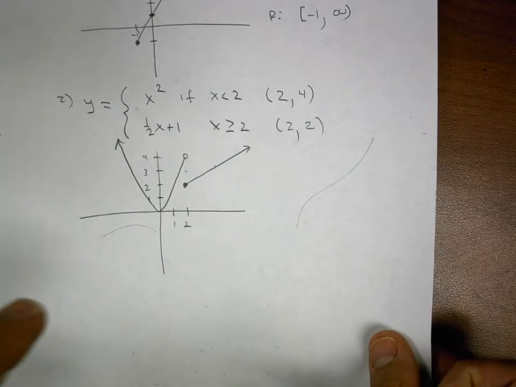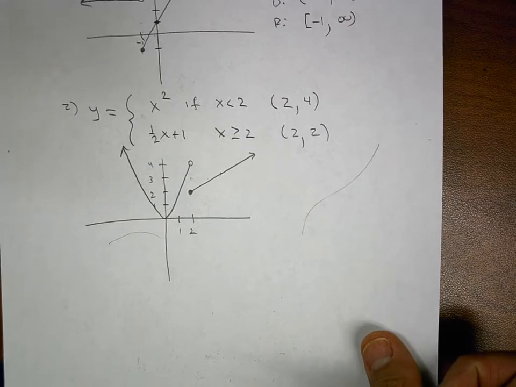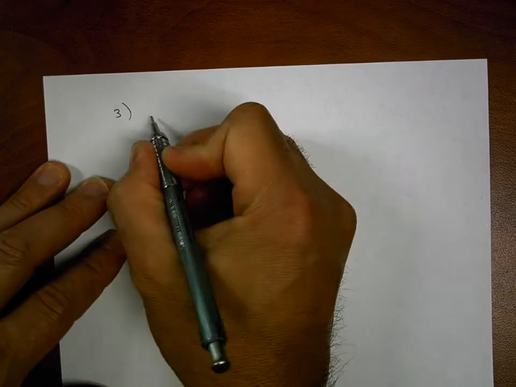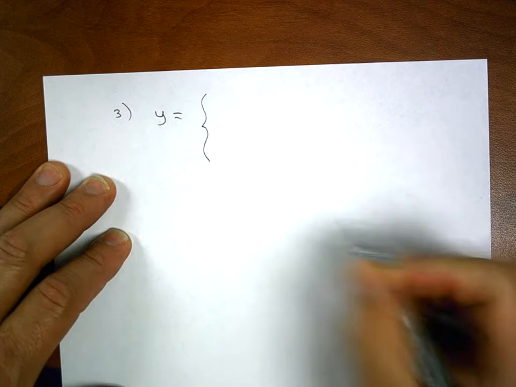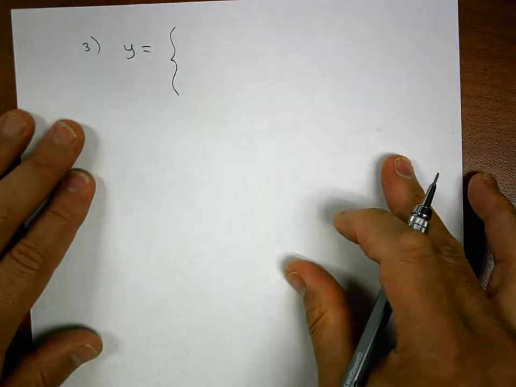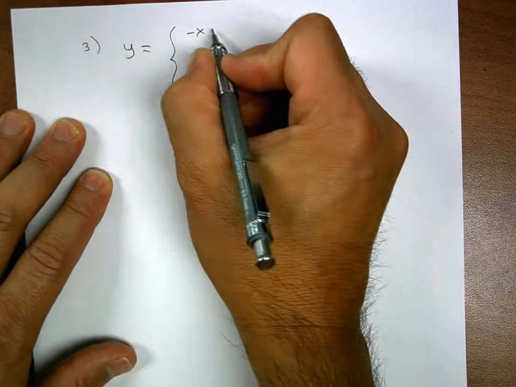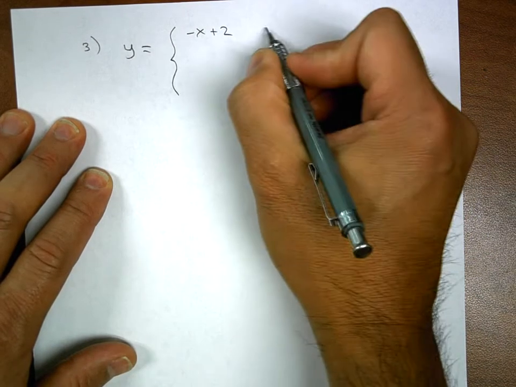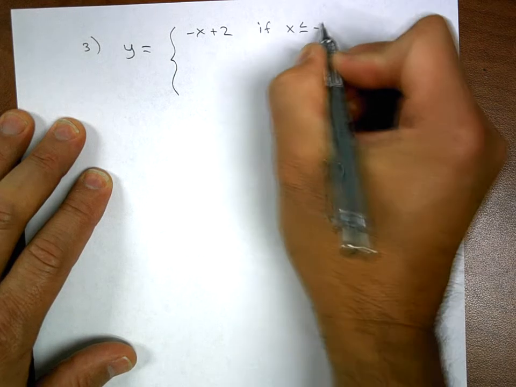We're going to do one more together, and then the next one you'll do on your own. So number 3: y is equal to, this will have 3 pieces to it. y is equal to negative x plus 2 if x is less than or equal to negative 2.